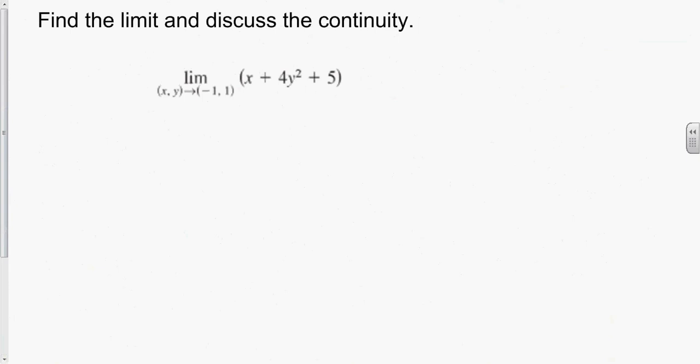Find the limit and discuss the continuity. Here, this is a polynomial function, so it's continuous everywhere. So since it's continuous, I can evaluate the function at the limit values of negative 1 and 1. So here, I just have negative 1 plus 4 plus 5.